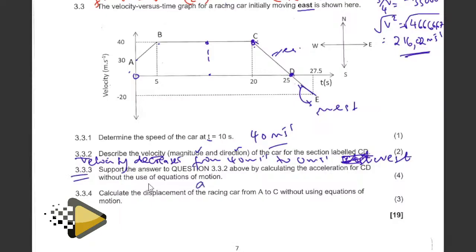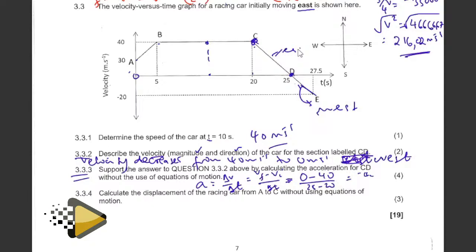I don't know. Okay, we know that acceleration is the change in velocity over the change in time. So if I use this 40 minus that, which is 40 minus 0, no, it's the other way around, the final first. So vf minus vi over the change in time. Which means that's 0 minus 40 over 25 minus 20.